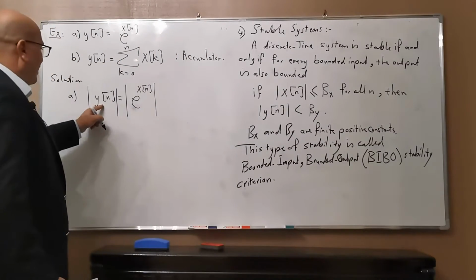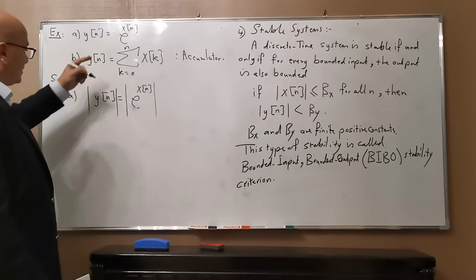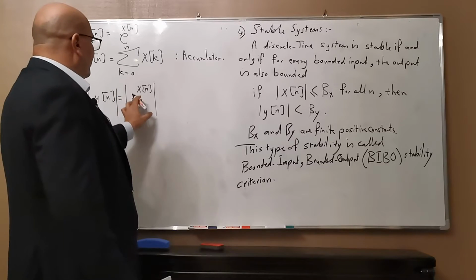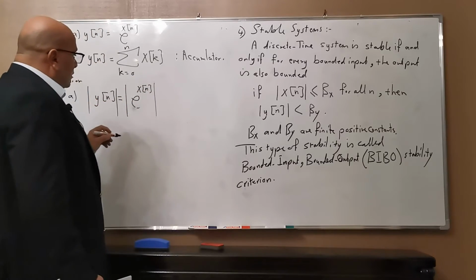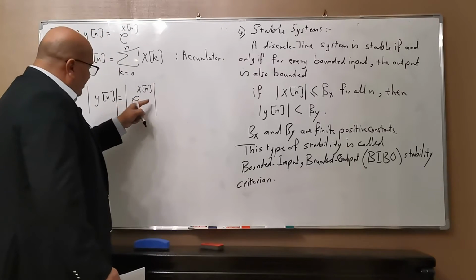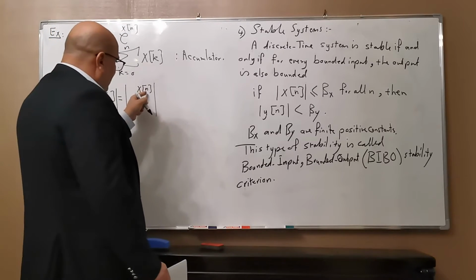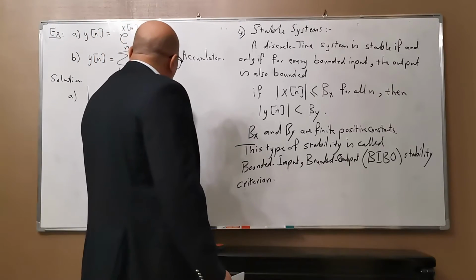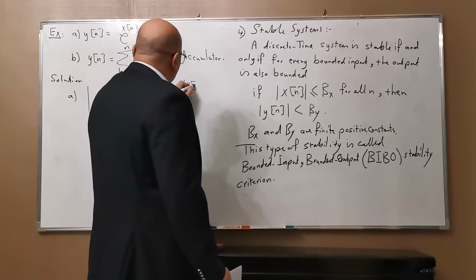You take the absolute value of both sides of the equation of the system. So you have the absolute value of y equals the absolute value of e to the x of n. Now I'm going to move the absolute value to the x in the power of e. So this will be e to the absolute value of x of n.